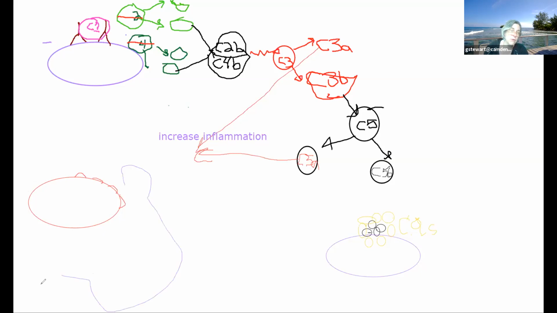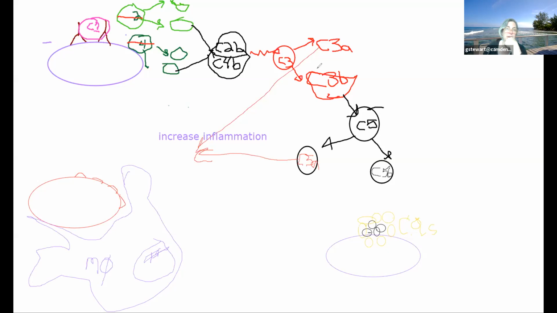So I'm going to draw a macrophage here. I'll just label it macrophage. This is a shorthand for macrophage, letter O with a line through it. So this is the increase in phagocytosis as the third benefit to complement activation.